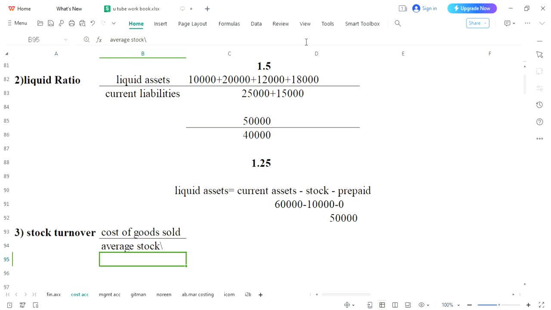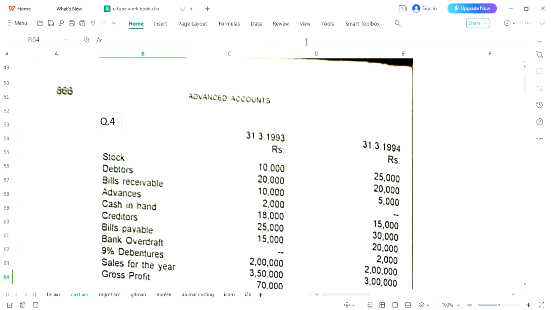divided by average stock. Let's get back to the question and see where cost of goods sold is given. You can start from here, stock, debtor, bill receivable, and see where cost of goods sold is given. And you can see the whole question does not include cost of goods sold. It's time to see how you can calculate cost of goods sold.